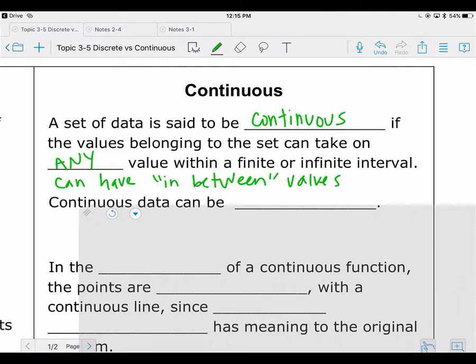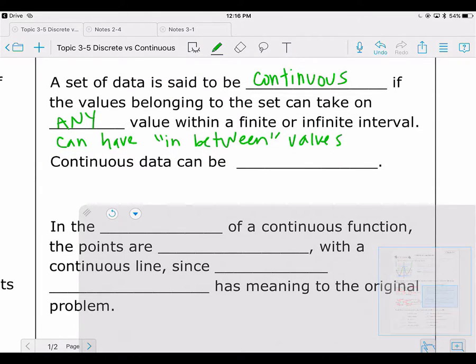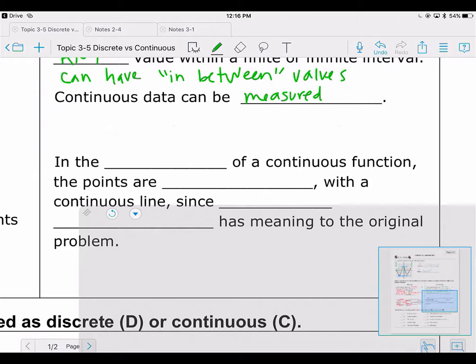An example would be when you measure things, you can have 1 millimeter, 2 millimeters, you can have 2.0002 millimeters, you can have lots of in-between measurements. Continuous data can be measured. So discrete is counted, but continuous is measured, so you can see the changes.